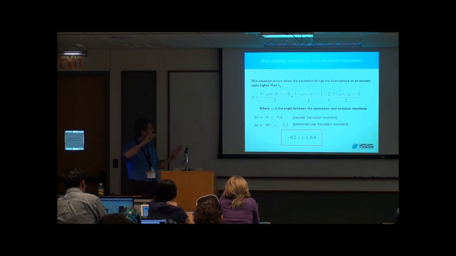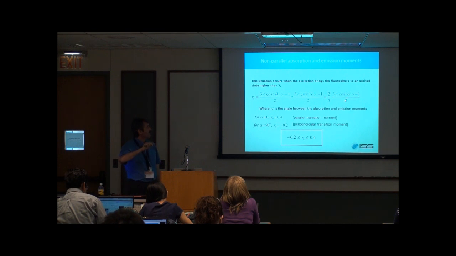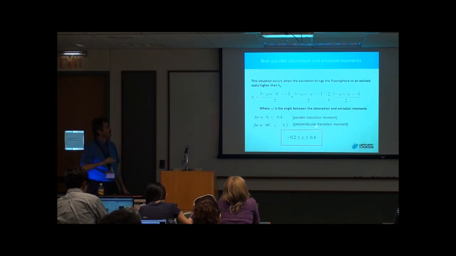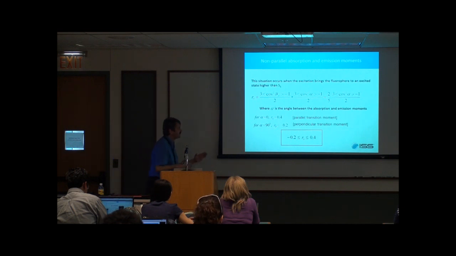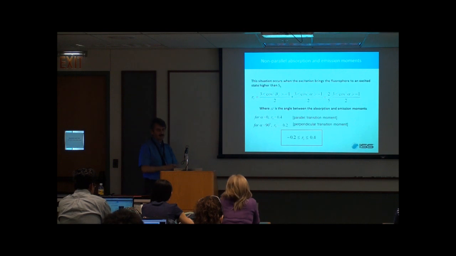We know the first value, which is 2/5, it comes from this example, and we are left with this other value. If the two moments are parallel, we find again 0.4, as in the previous case. If they are perpendicular, we find minus 0.2. The two values correspond to moments which are parallel and perpendicular.